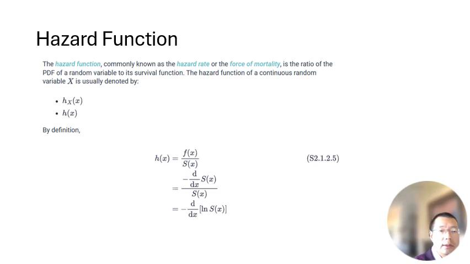So h(x) is equal to f(x), the PDF, over S(x), the survival function. Then, using the definition of f(x), which is the negative of the derivative of S(x), we can derive h(x) to become this final one here.